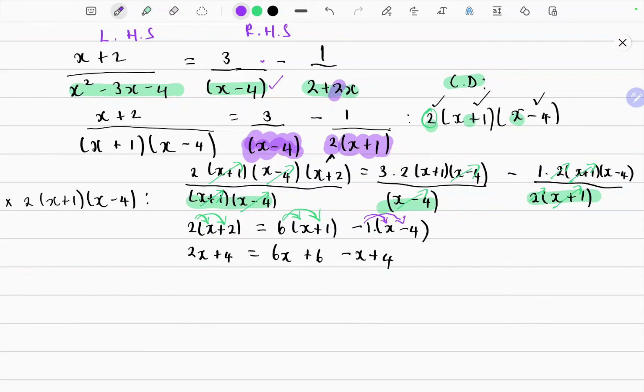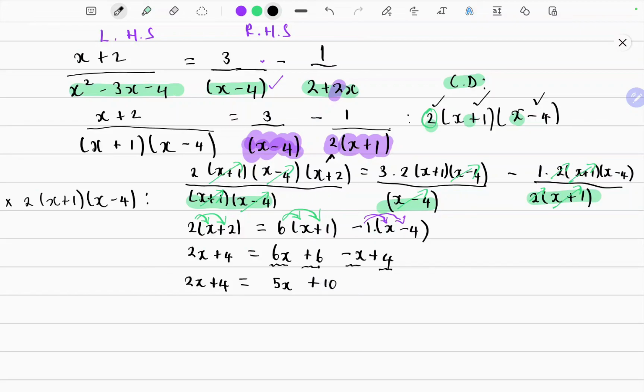So now we can simplify the right-hand side. It's 2x plus 4 is equal to 6x minus x is 5x, and 6 plus 4 is 10.